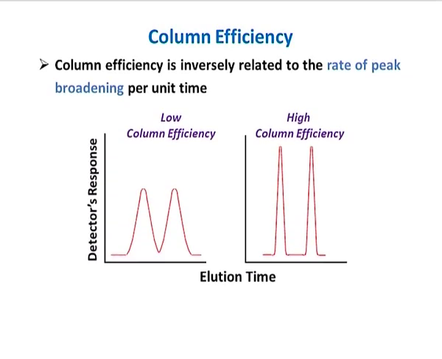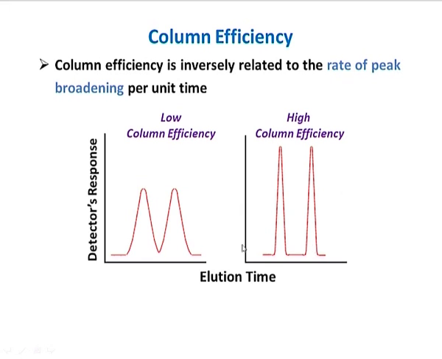Now, column efficiency is inversely related to the rate of peak broadening per unit time. This is evident from these two images here. Now, the image on the left hand side shows two peaks with more peak broadening. It means the W in these two is more than the W in these two peaks which are on the right side.